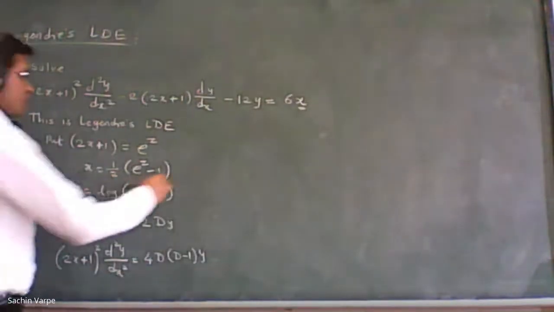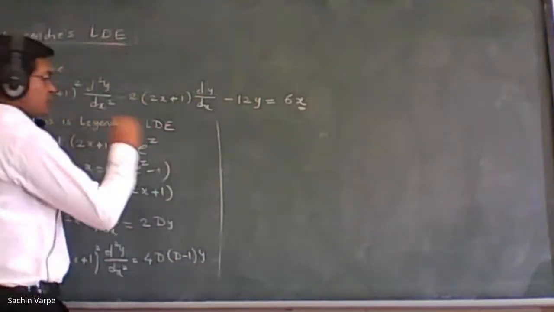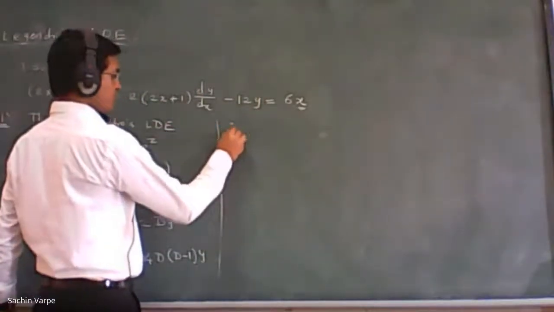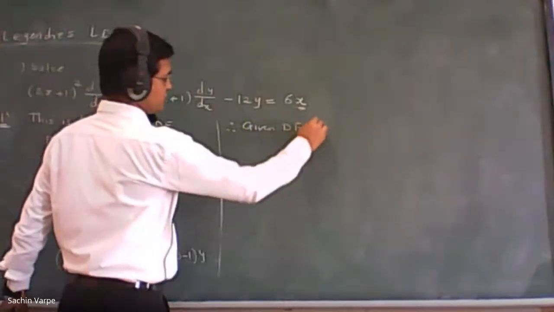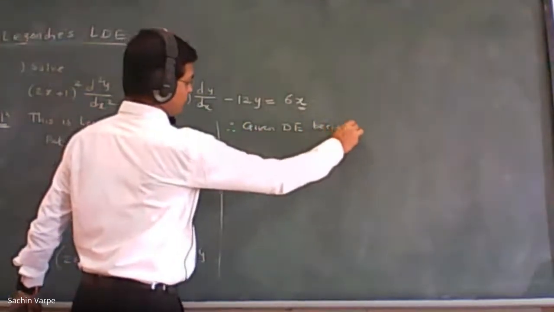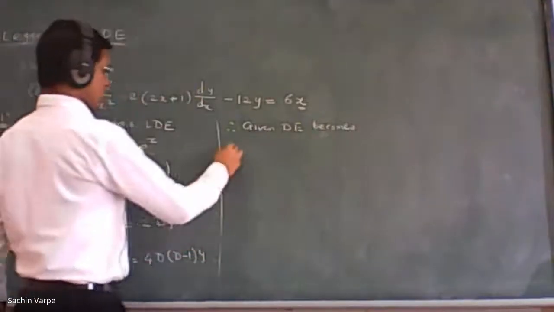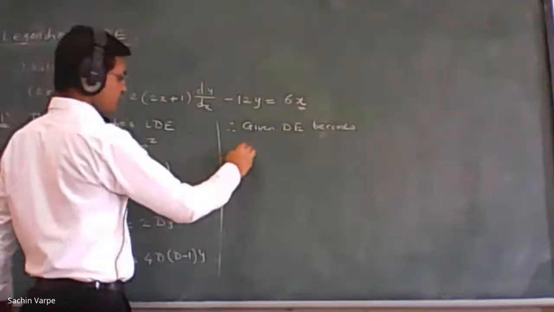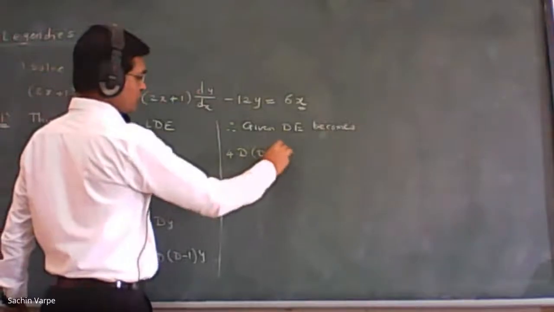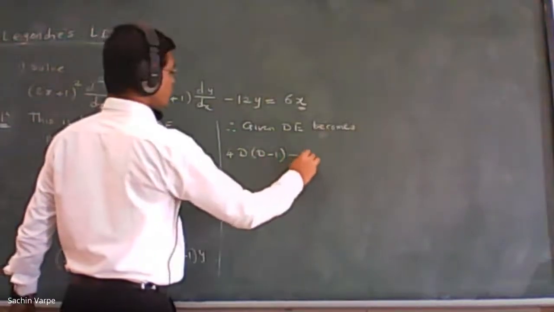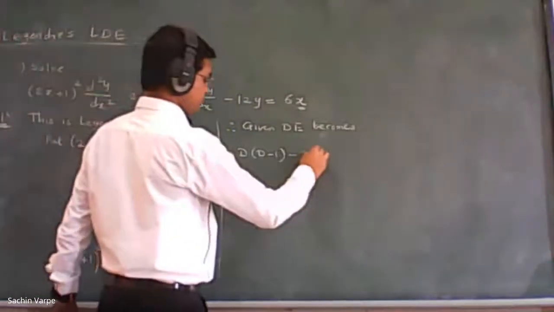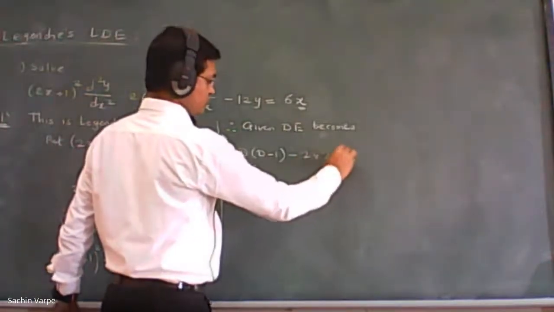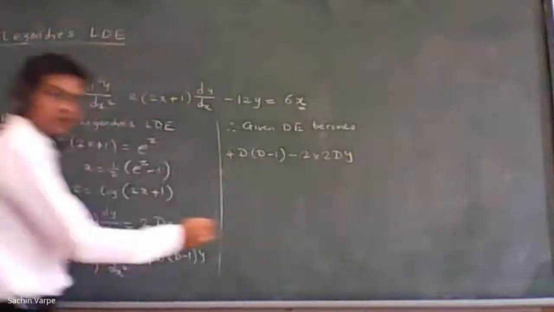So therefore, with this substitution, the given differential equation becomes 4 into D into D minus 1, minus 2 into 2 Dy, because 2 is already there here.